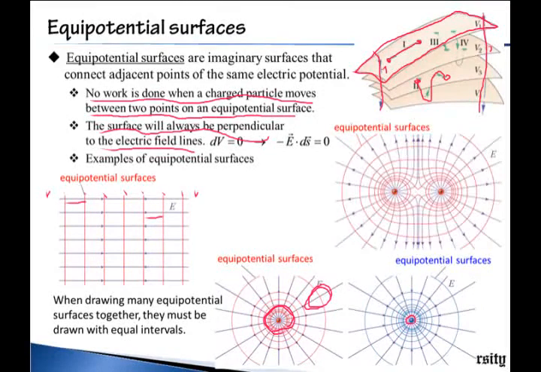Okay, and then if you have two positive charges, then the equipotential surfaces will look more complicated, but whatever happens, the two rules that we have discussed between the equipotential surfaces and electric fields are all satisfied. Okay.